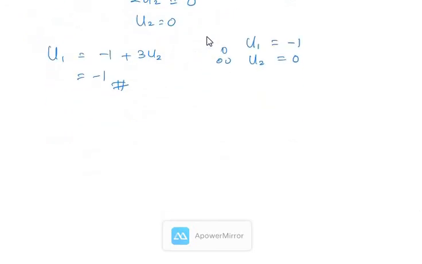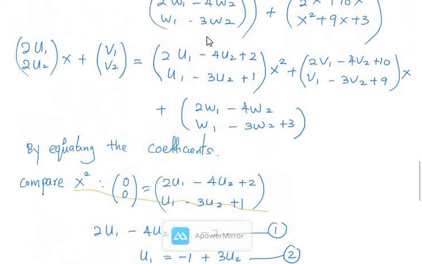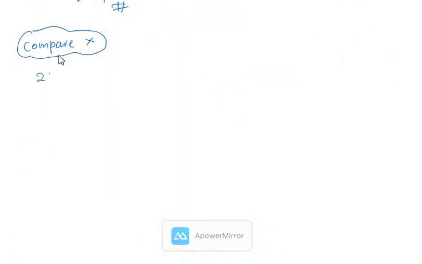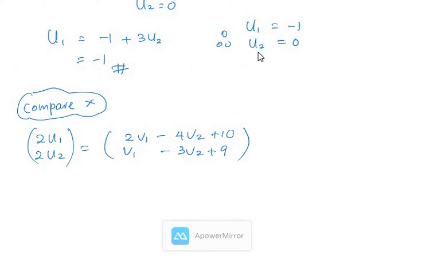Then I compare for the x. I compare for the x is this one. For the left hand side, I have 2u1, 2u2. So 2u1, 2u2. The right hand side I have 2v1 minus 4v2 plus 10, v1 minus 3v2 plus 9. So, and from the previous, I obtained the u1 equal to minus 1, u2 equal to 0.